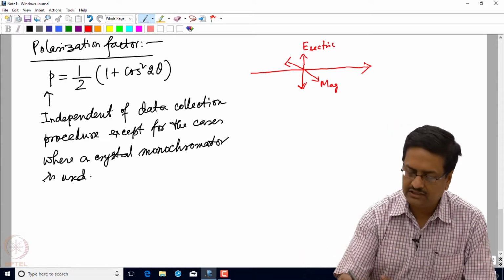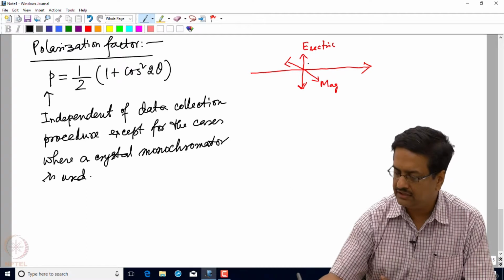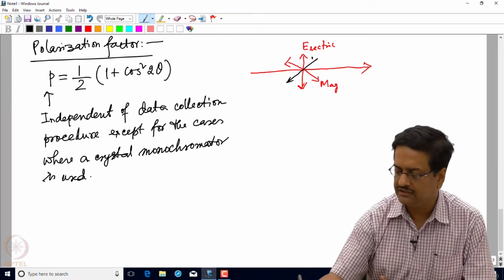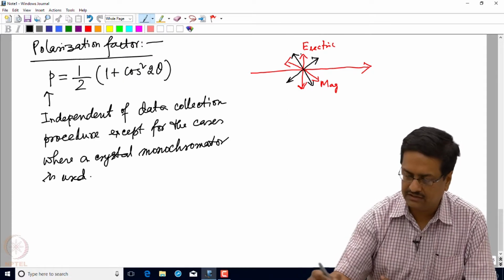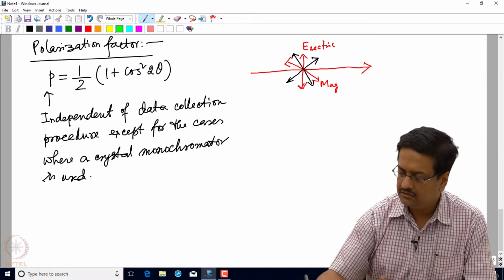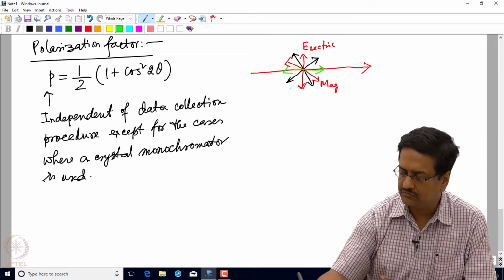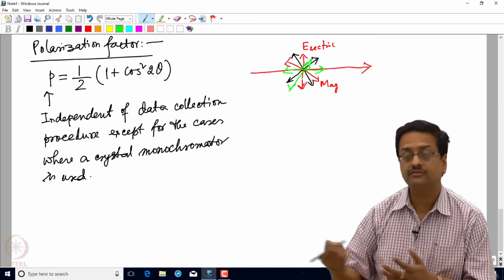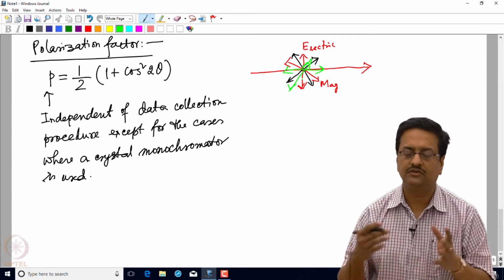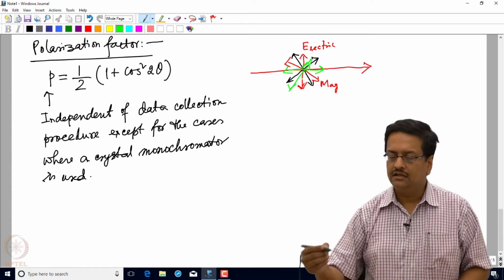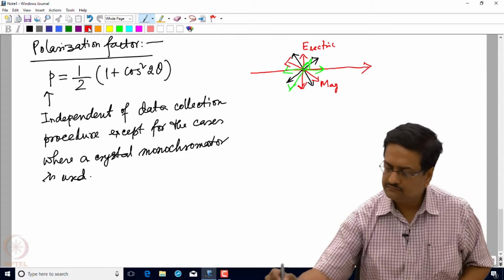So if the electric and magnetic vectors are perpendicular like this, it may be possible that the electric vector and the corresponding perpendicular magnetic vector is like that, and if it is like this, the other one goes from this side to that side and so on. So these electric and magnetic vectors are in all possible directions and it is unpolarized.